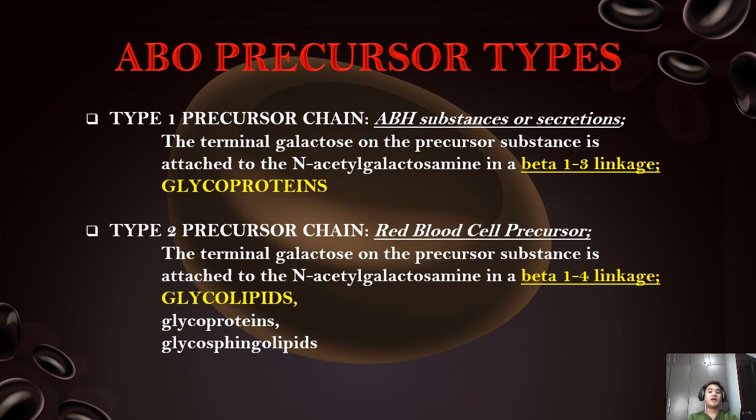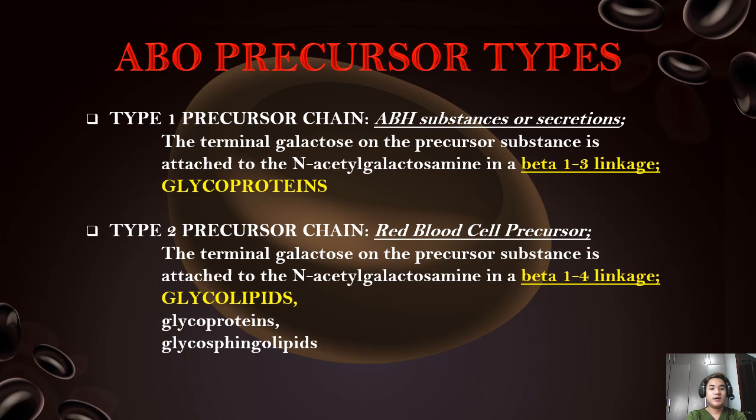As for your type 1, this is actually the precursor type for your ABH soluble substances, or your secretions or body fluids, while type 2 is primarily the one responsible for the oligosaccharide chain orientation of your ABH red cell antigen formation, and that actually leads to one more of the main characterizations of these two precursor types.